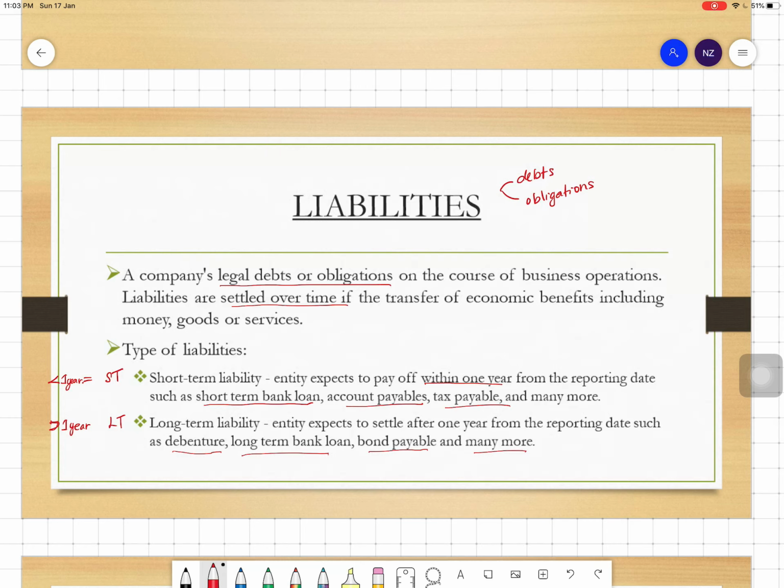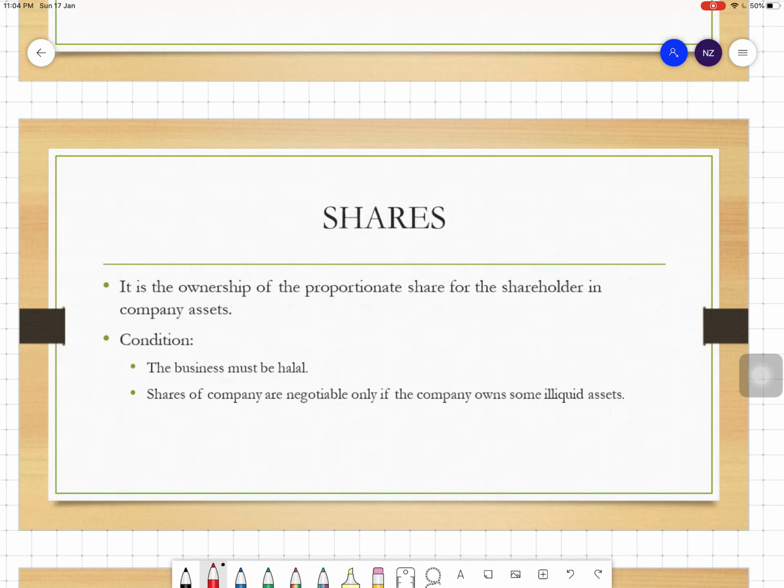So any type of liability that is more than 1 year, we categorize as long term liability. But if it is less than 1 year, we categorize it as short term liability.